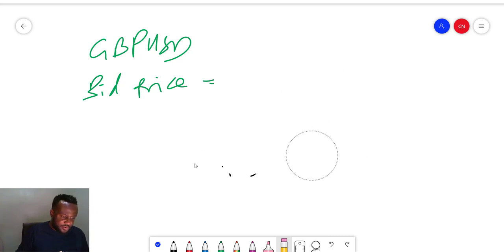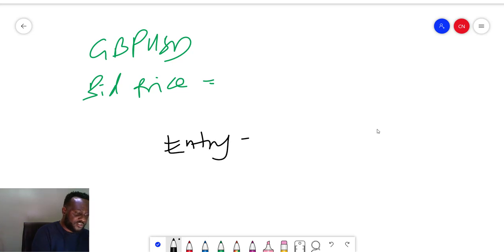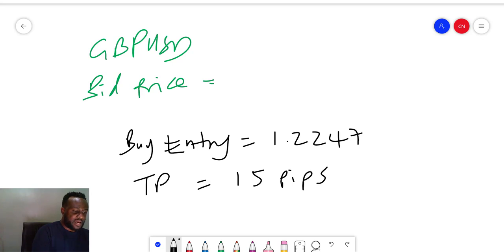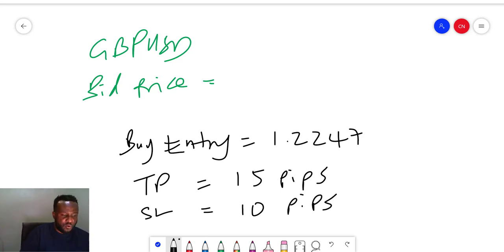Let's say my entry price on a buy trade is 1.2247, yeah, and I wanted to take profit at 15 pips as an example, and I want my stop loss to be 10 pips. What will those numbers be? What would those price levels be?